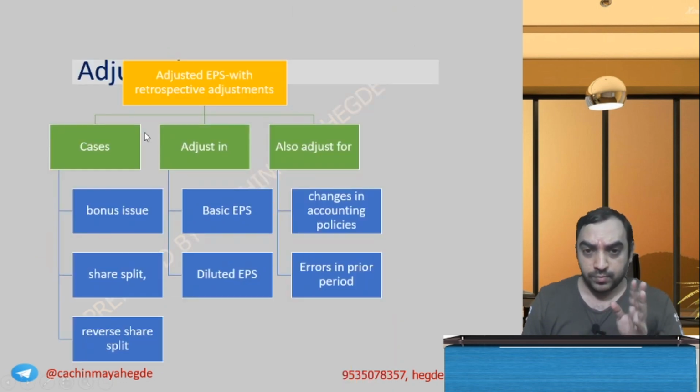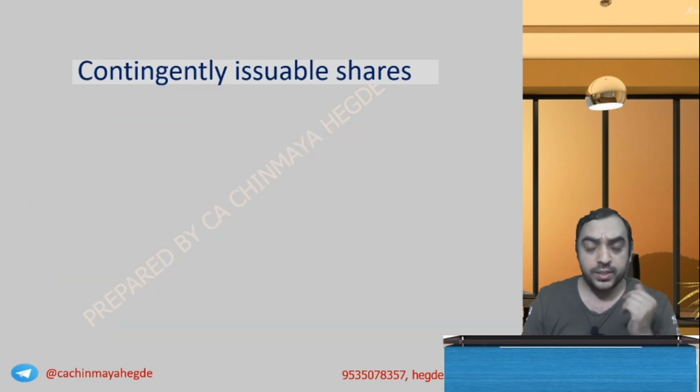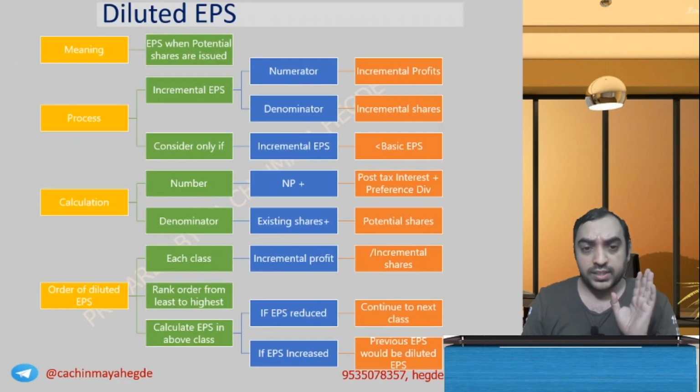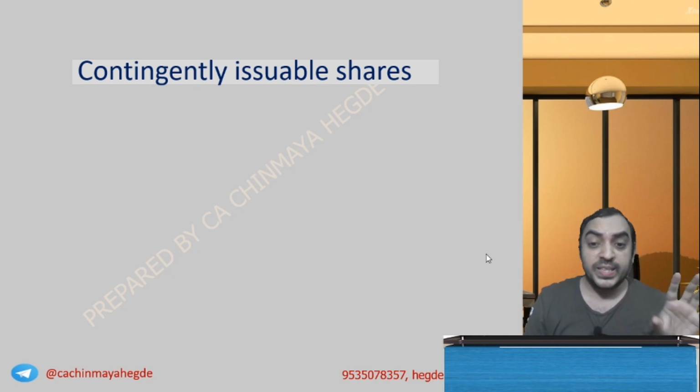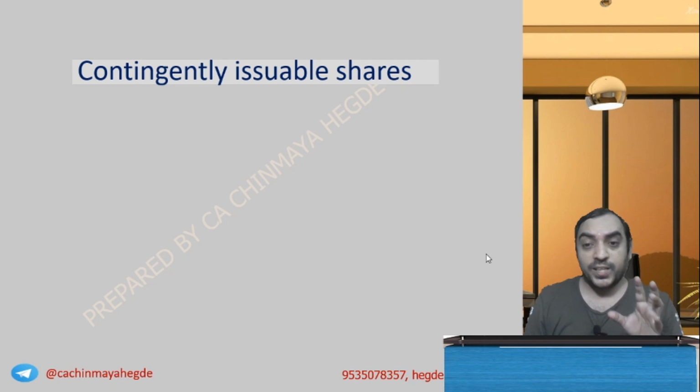Adjusted EPS: bonus shares, rights shares, and accounting policy changes should all be adjusted. Contingently issuable shares we also discussed. Dilutive EPS we have also discussed. Okay, very good. So these are the theoretical aspects on earnings per share in Ind AS 33.